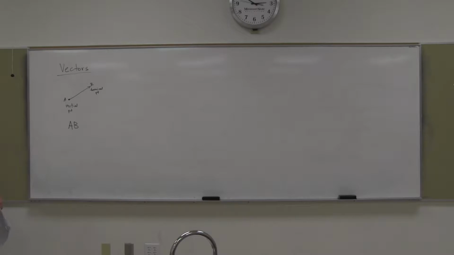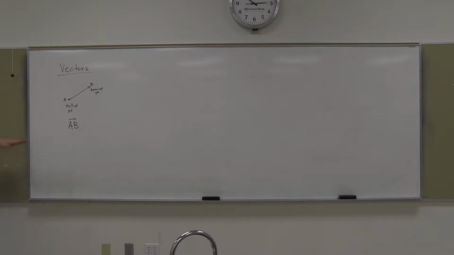But for you and me writing, bolding is not so easy. We'd have to sit there and color in. We don't want to do that, so we're going to use the vector designation. A lot of times I'll just do an arrow, or an arrow-type looking thing.